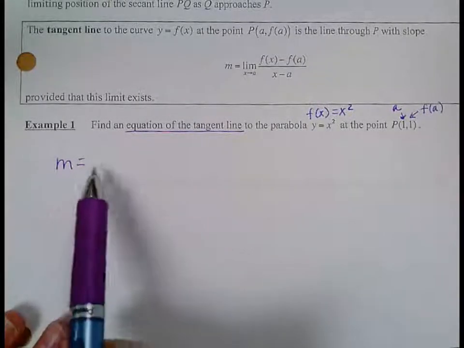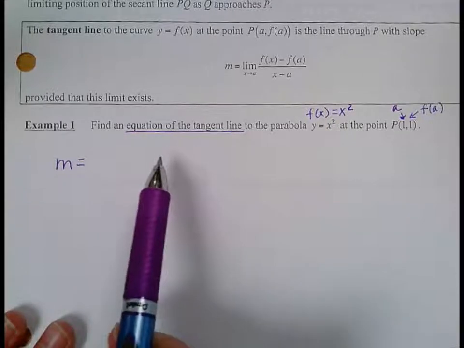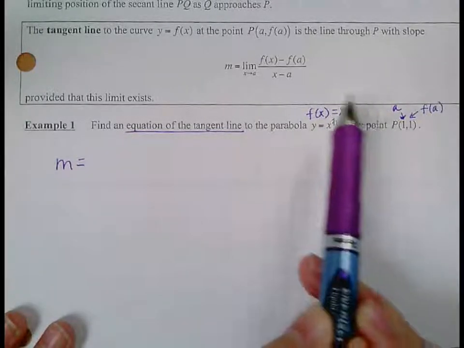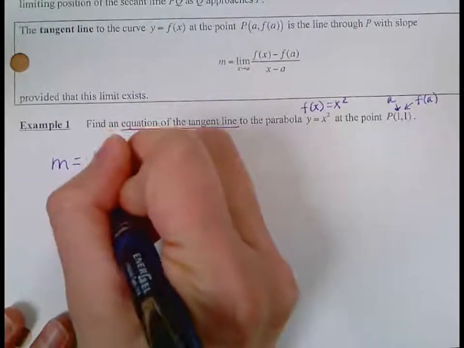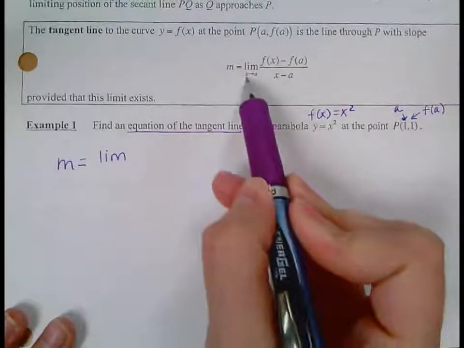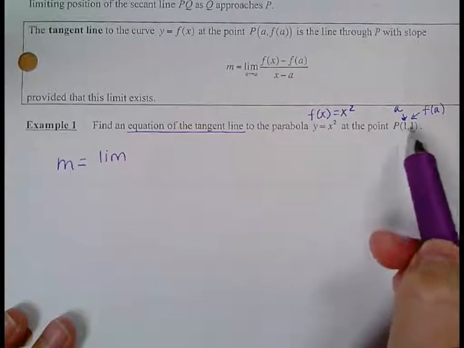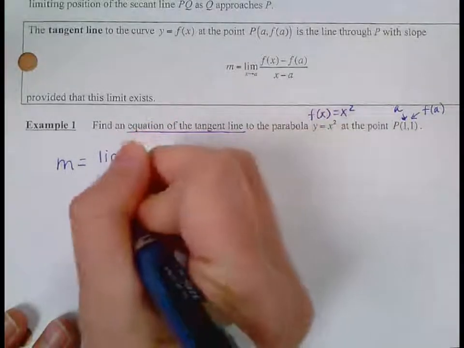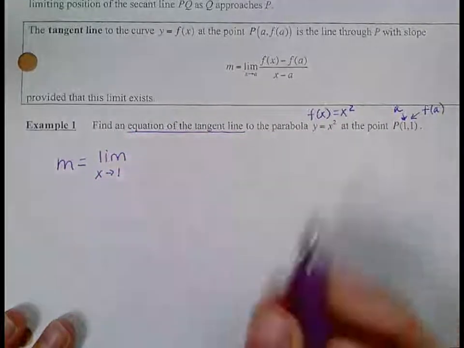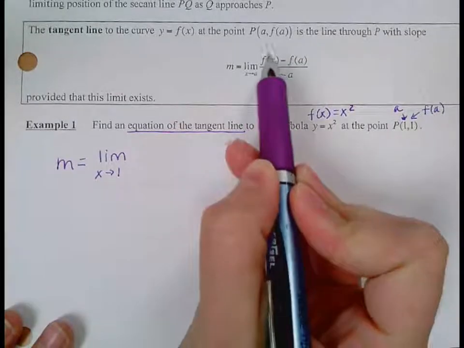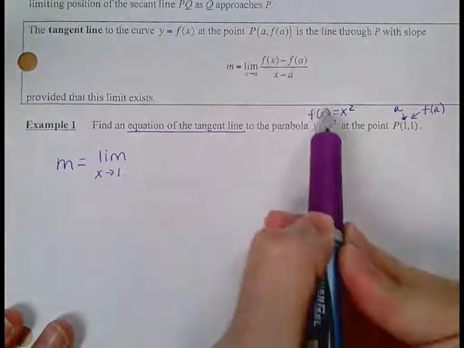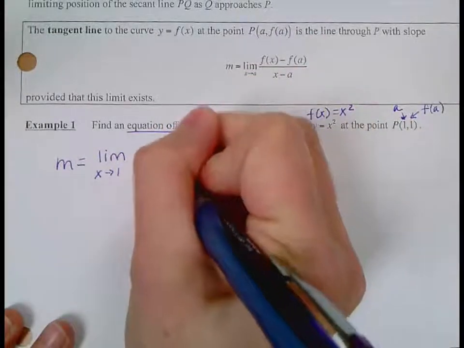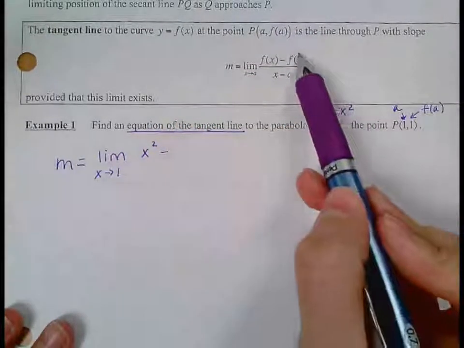So if I were to set up the limit to find the slope of this tangent line, using this formula, I'll have the limit as x approaches a, which means x is approaching 1, of my f of x. My function is x squared, so I'm going to replace the f of x with x squared, minus f of a.